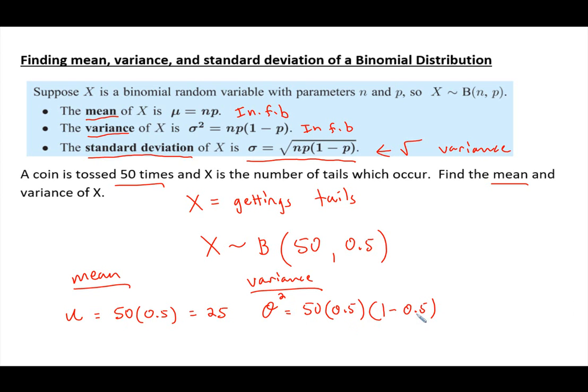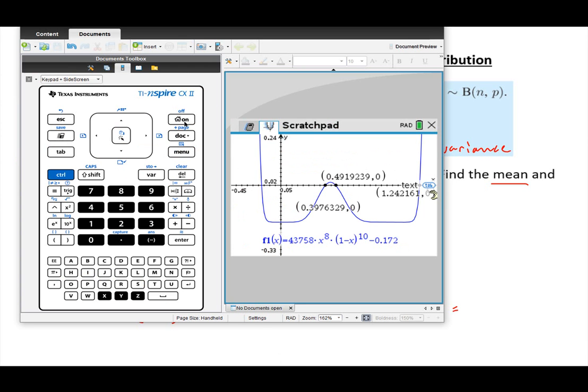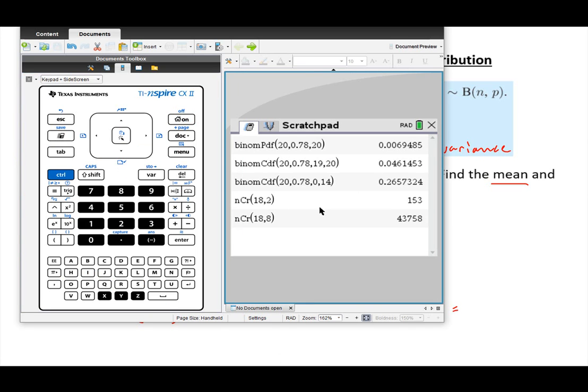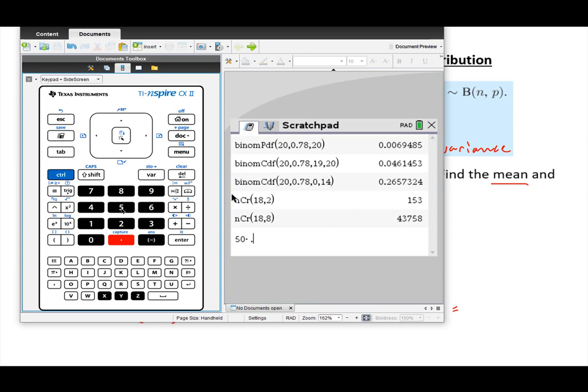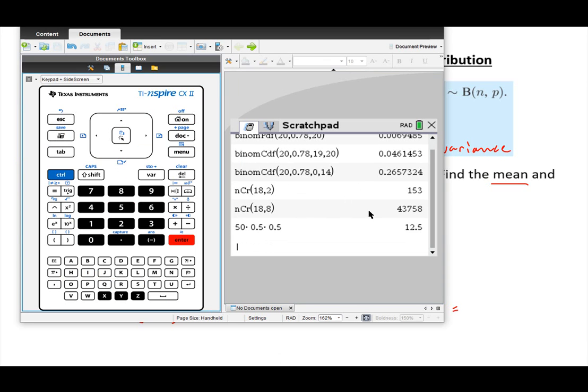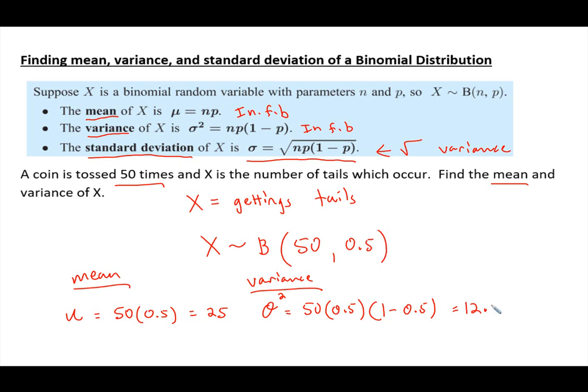Let's calculate this real quick. Let me use the calculator here. We've got 50 times 0.5 times 1 minus 0.5, which is another 0.5. So we're going to end up with 12.5. So this would be our variance.